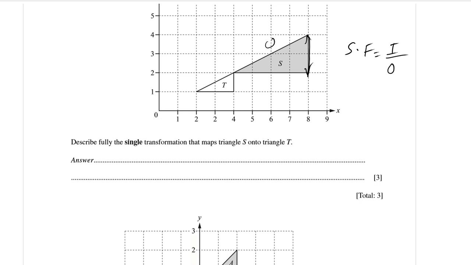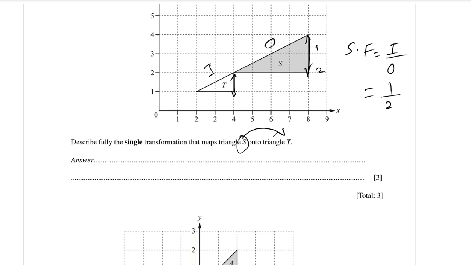So this is your object and this is your image, as it is saying S onto T. So your T is the image. So the same side of the triangle comprises one box in the image and two boxes in the object. So it is scale factor of 1 by 2.